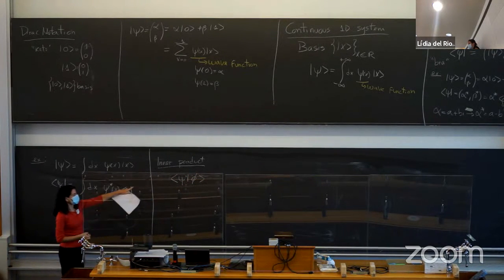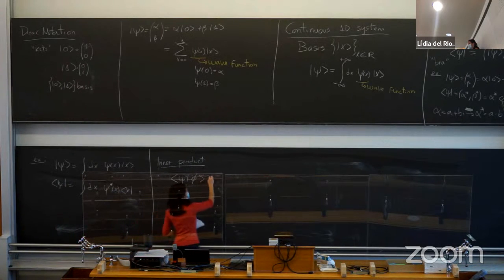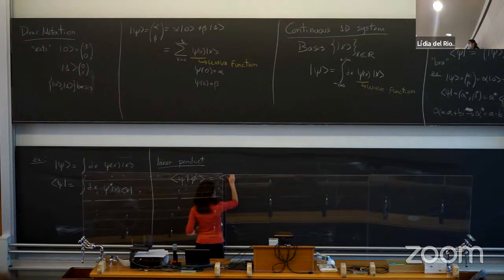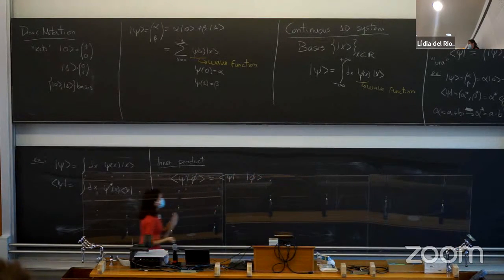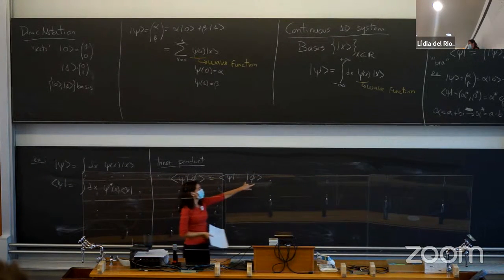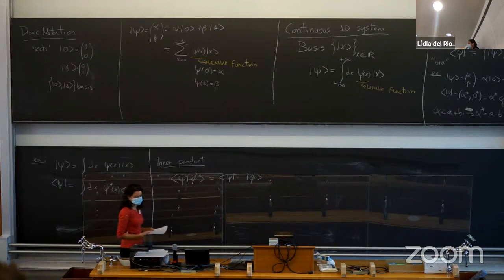And this is kind of short notation for just having this thing times that. Now, if you think a bit about it, this is a row vector, this is a column vector. So the result is going to be just a number.